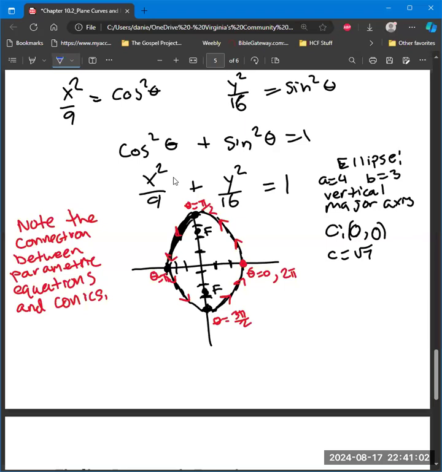Note the connection between this parametric form and the equations that we talked about earlier as conics.